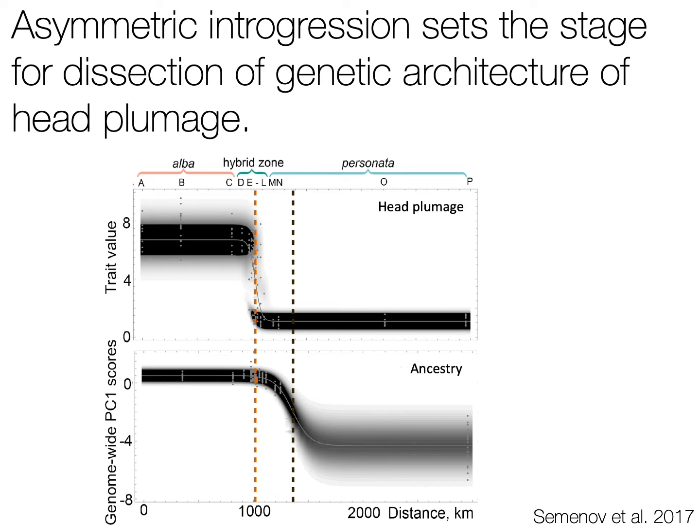It shows that the genetic ancestry transitions 300 kilometers away from where the plumage trait changes. And this is one of the most curious patterns we can find in a hybrid zone, where a trait that we know is involved in mate choice and reproductive isolation has actually moved away from the genetic background. And so the asymmetric introgression of this trait sets the stage for us to dissect the genetic architecture of head plumage and get a better idea of why it's moving the way it is.